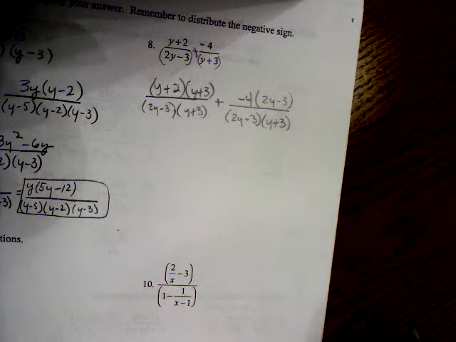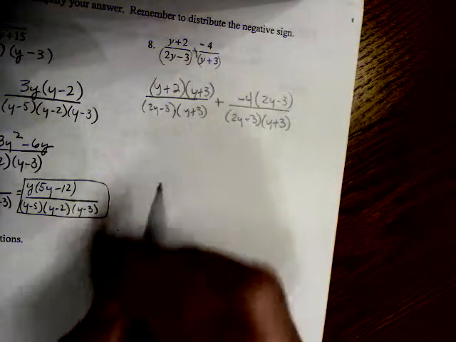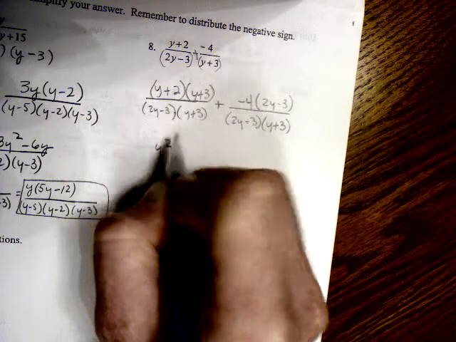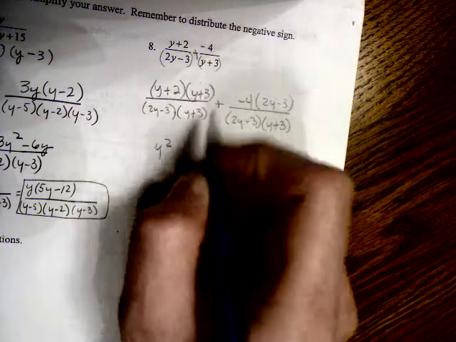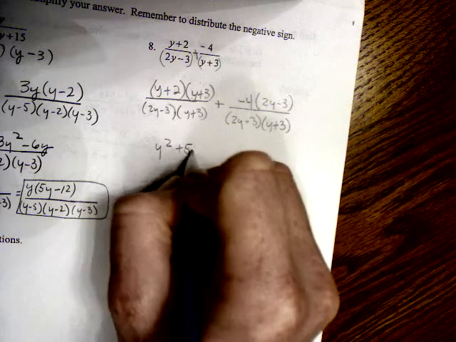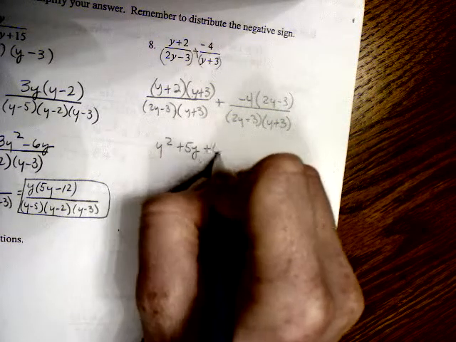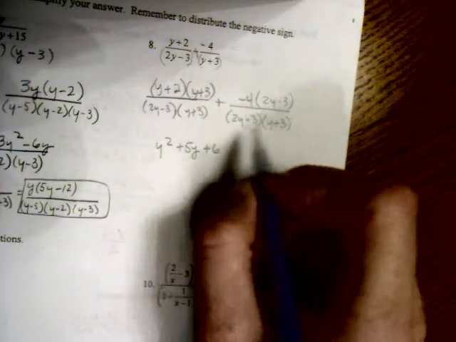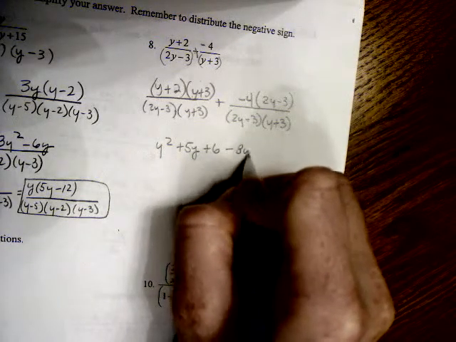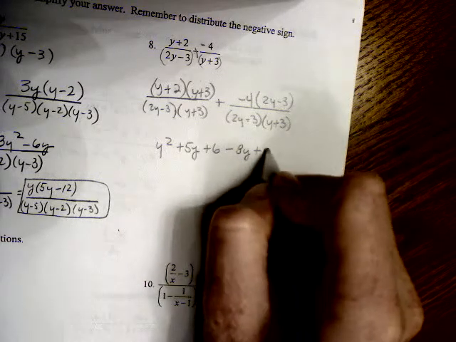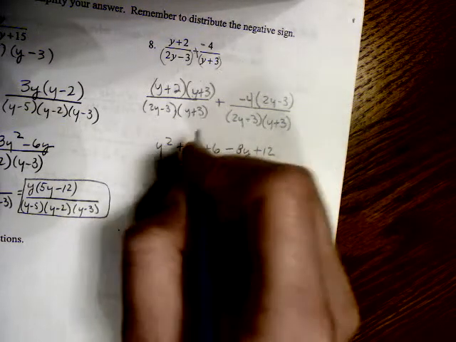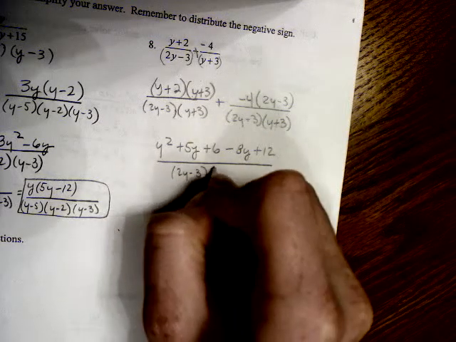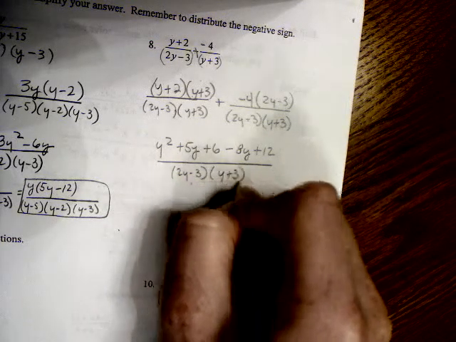Now we have to multiply everything out in the numerator, so we can FOIL this. Y times y is y squared. 2y plus 3y is a 5y, plus 6, because 2 times 3 is 6. Distribute the negative 4, so we get negative 8y plus 12 over the denominator of 2y minus 3 times y plus 3.